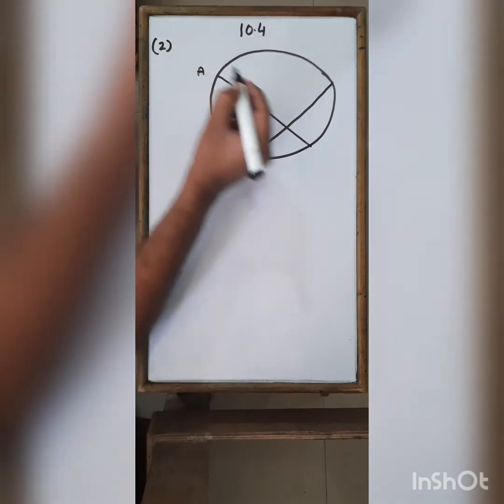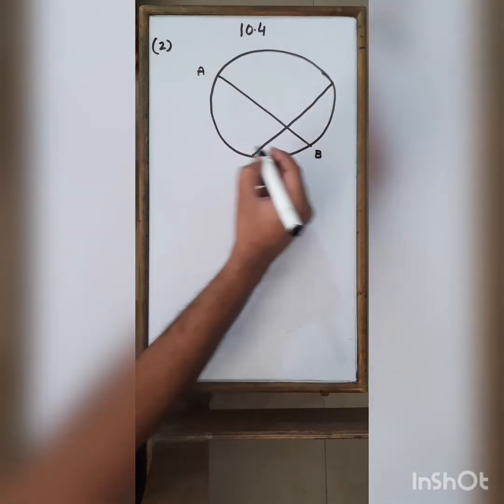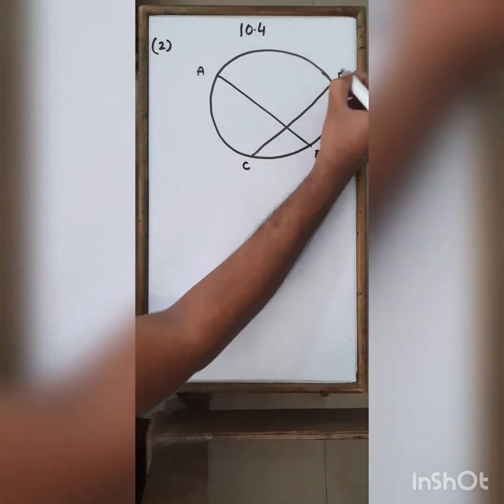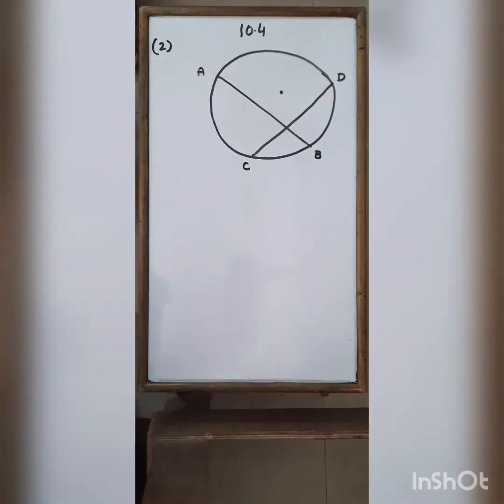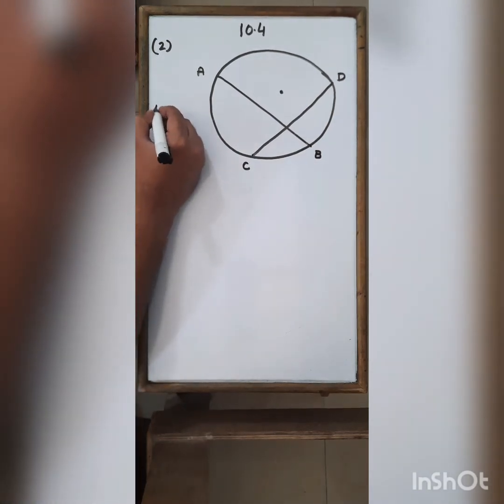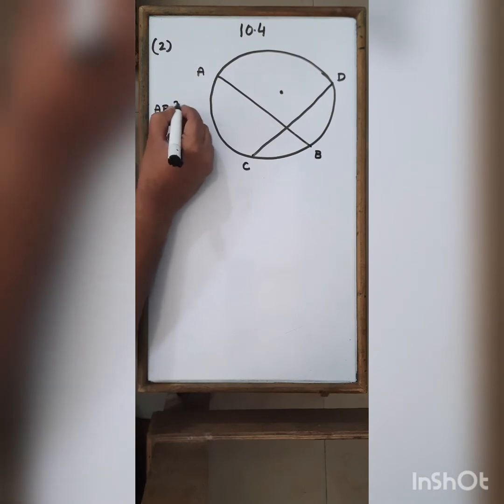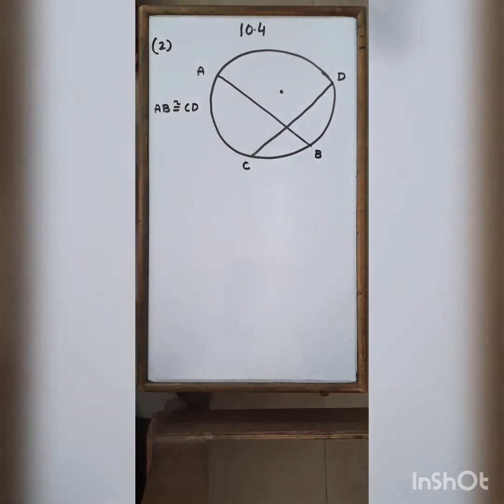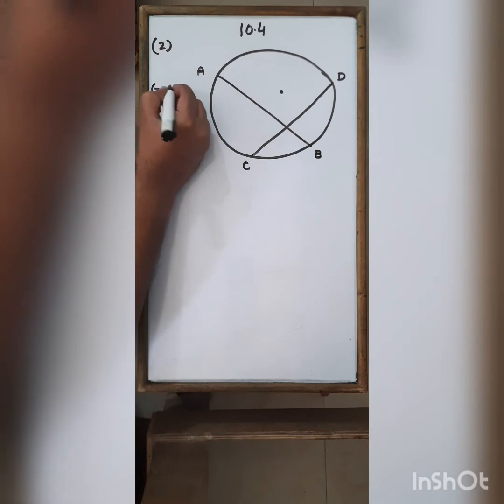This is the center of the circle. The question says, if two equal chords of a circle intersect within the circle, what is given first is AB is congruent to CD.